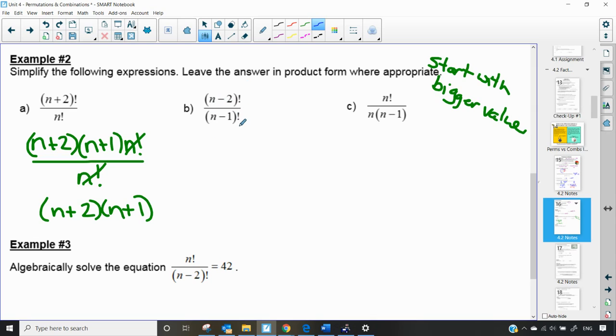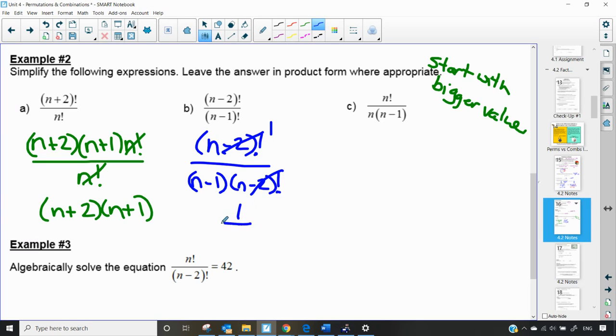So n minus 1 is the bigger value. That's the one we're going to break down. So we're going to have n minus 2 factorial on the top. And in the denominator, we're going to have n minus 1 factorial. 1 less than that is n minus 2. That matches my top, so I'm going to leave my factorial. I'm going to cancel these. Remember, when I cancel, I'm not left with 0, I'm left with a 1. So I'm going to have 1 over n minus 1.